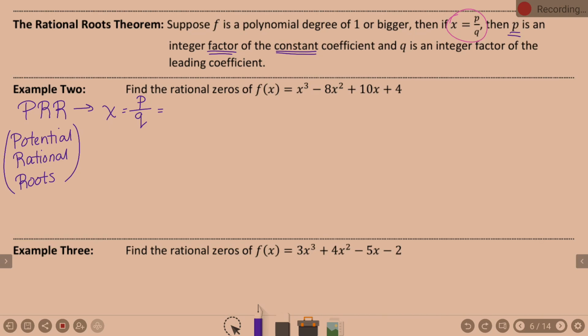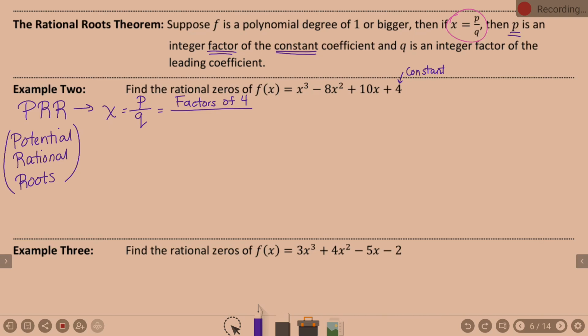In f of x, what is the constant value? The 4, yes? Right here, when we talk about the constant, we're talking about the number without a variable. It's usually added or subtracted at the end, yes? So when we talk about p, p being factors of the constant, in this particular problem, it's going to be factors of 4.